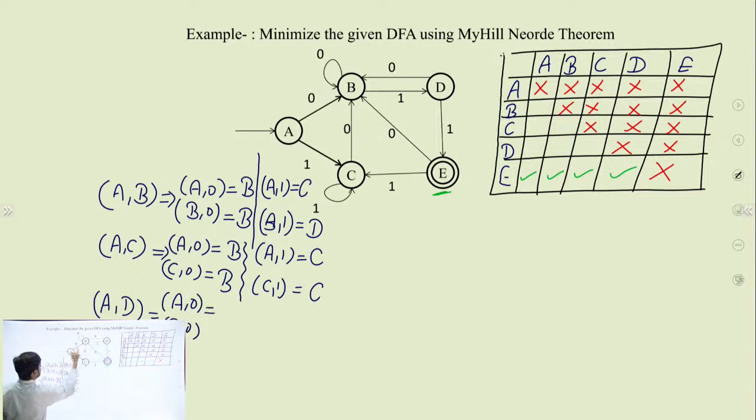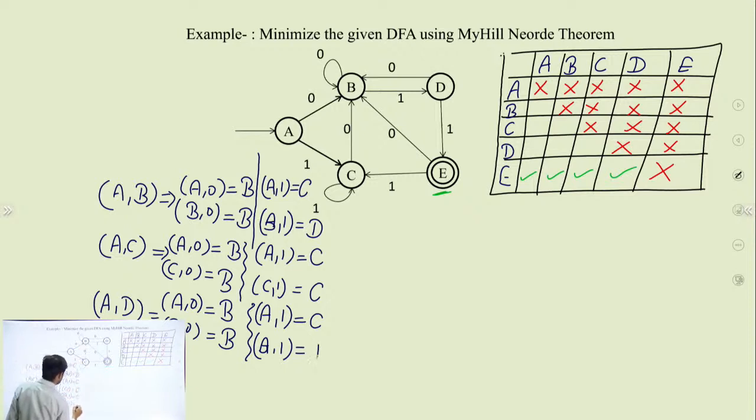A on input 0 goes to state B, D on 0 goes to state B. Next, A on 1 goes to state C, and D on 1 goes to state E. So this is one more pair.